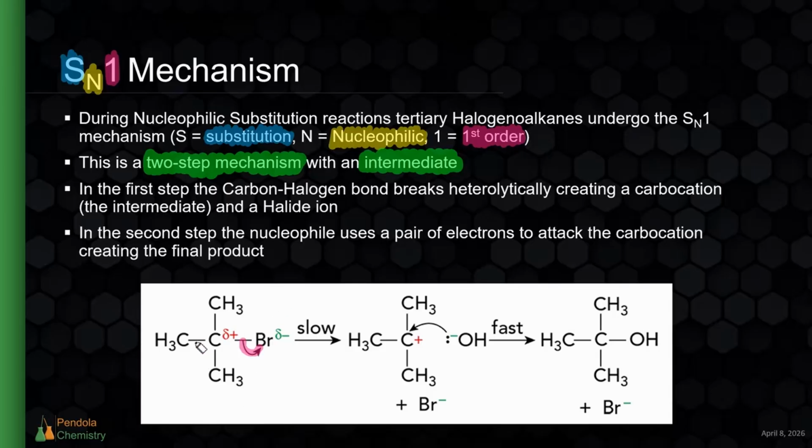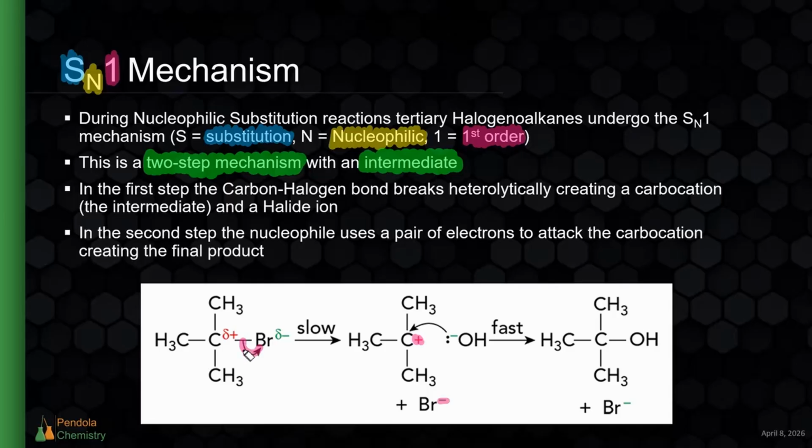In SN1, the first thing that happens, very slowly, is that the carbon-halogen bond, in this case again bromine is the halogen we have, is going to break heterolytically. What that does is that when this bond breaks, it creates a negative bromide ion, which is one of the products of our reaction, and a tertiary halogenoalkane.